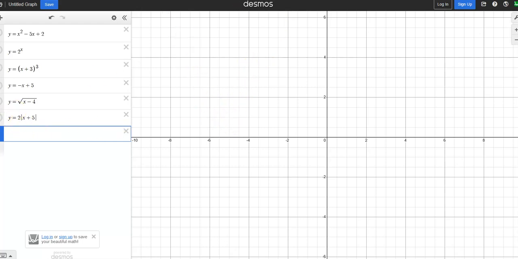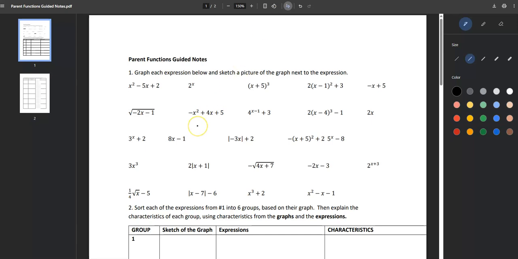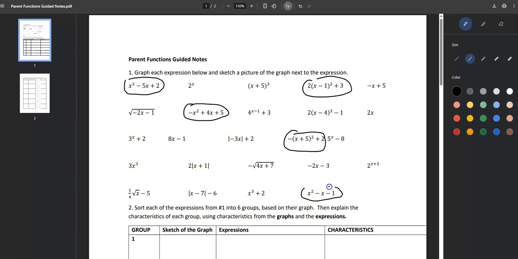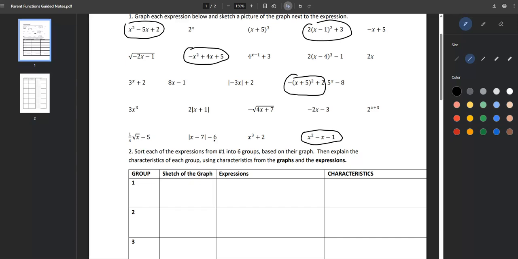So to kind of tie this up, everything with a square on it, like these right here, this one here, this one here, these are tied together, sorry. That one there. All of those are going to form, again, that U shape.